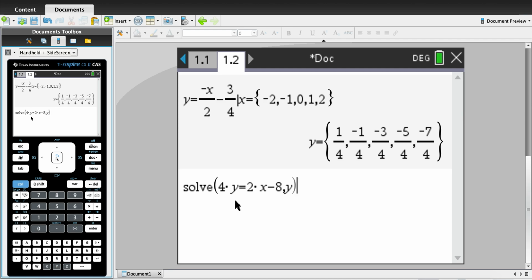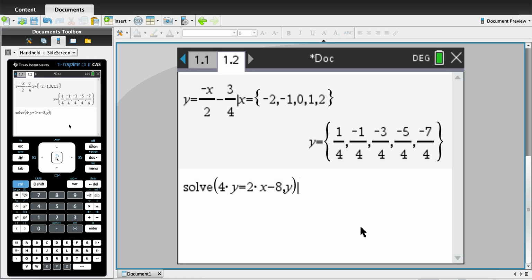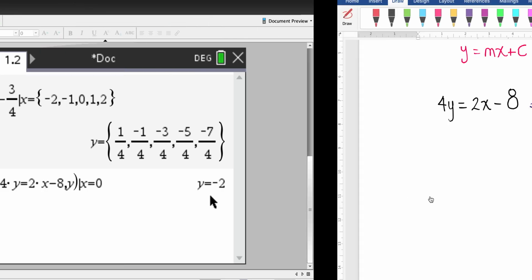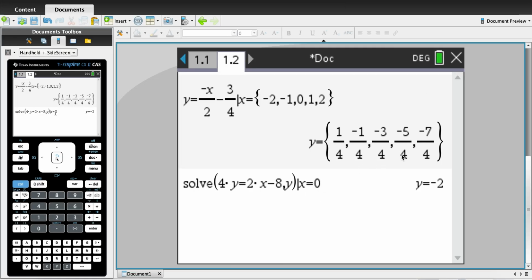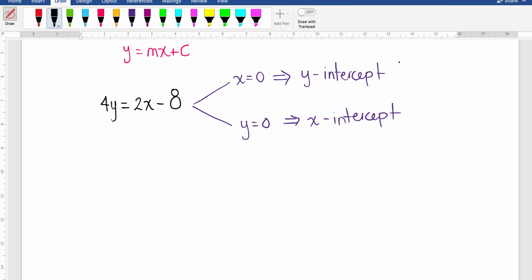Then I go outside of that bracket and say given that x is equal to 0, and then we press enter and I get -2. So if we go into our Word document, what I just found is that if x is equal to 0, y is equal to -2, and that's going to be my y-intercept.